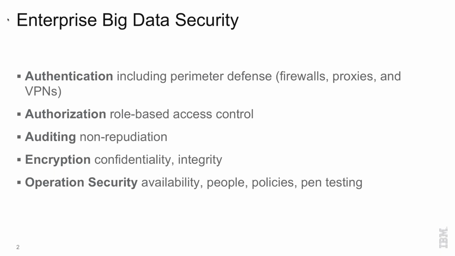The fourth area is called encryption. We have two topics here: integrity and confidentiality. Integrity means the data, either in transit or at rest, is not compromised. Nobody can intercept your data, modify it, and inject their own data into your data stream. We need to prevent that.